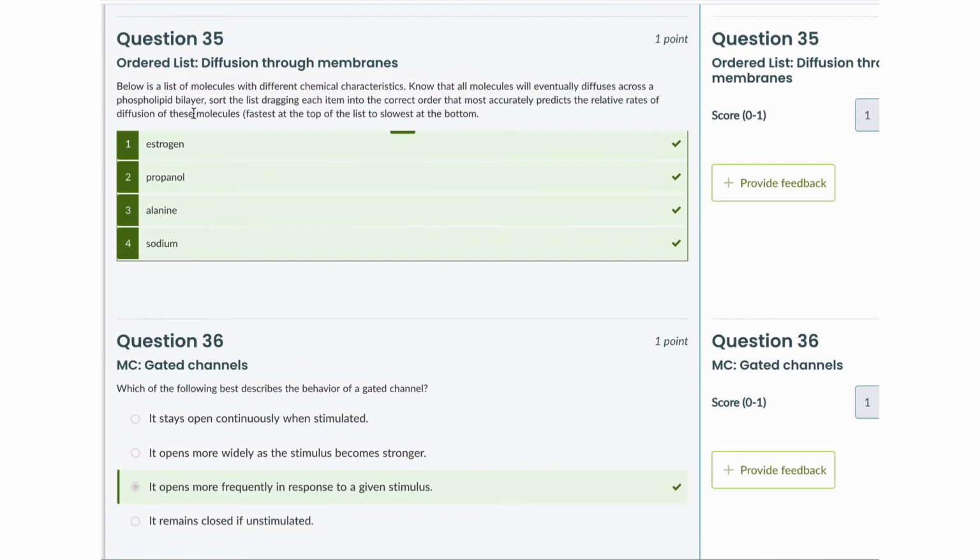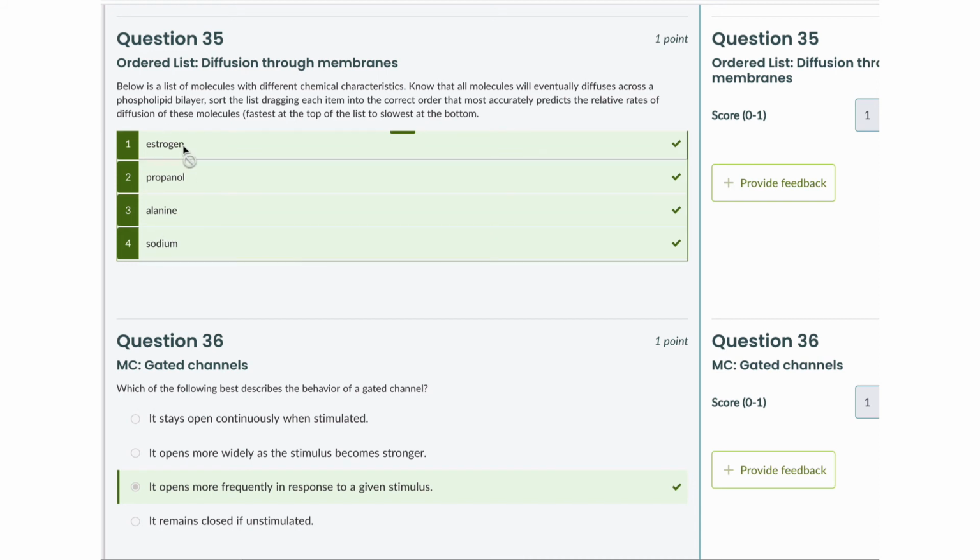35. Here we have a list of molecules of different chemical properties. Knowing that all molecules eventually diffuse across phospholipid bilayer, sort the list by dragging each item to the correct order that most accurately predicts the relative rates of diffusion of these molecules, with the fastest at the top, the slowest at the bottom, and in the correct order.